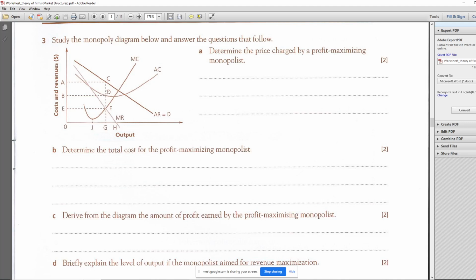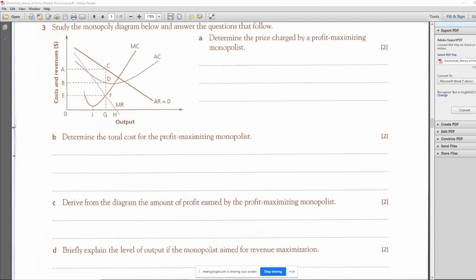If you multiply your average total cost by the output, then you will have the total cost, which is the area of 0BDG.